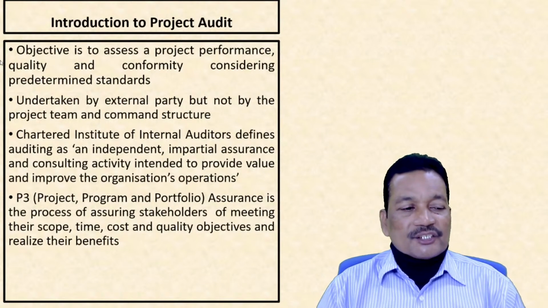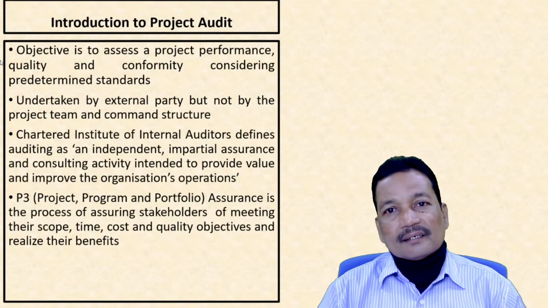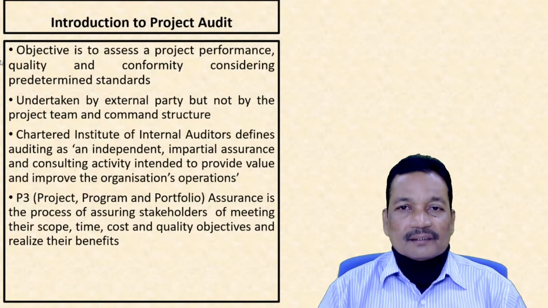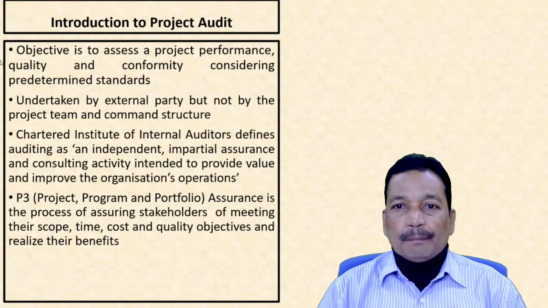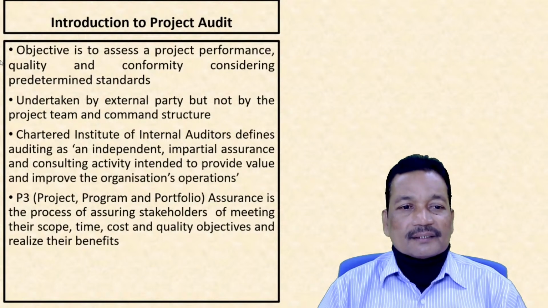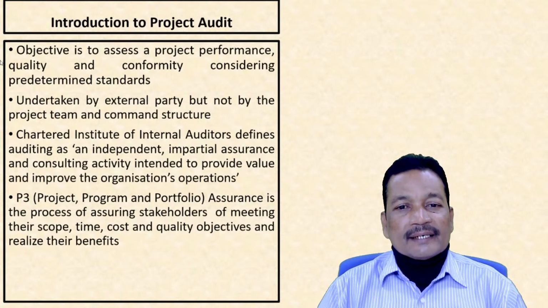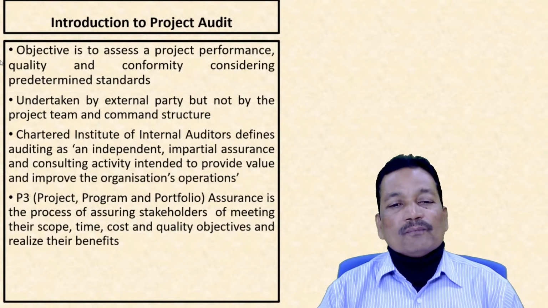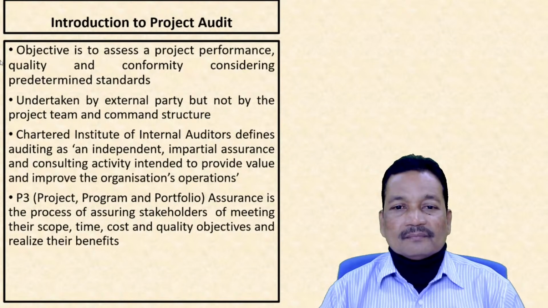The Chartered Institute of Internal Auditors define auditing as the process of an independent, impartial assurance and consulting activity intended to provide value and improve the organization's operations. What does it mean?